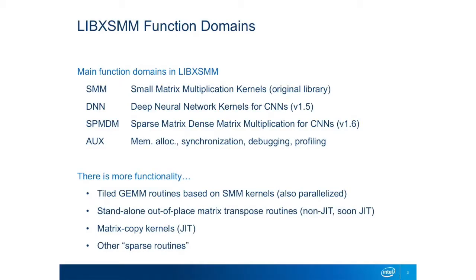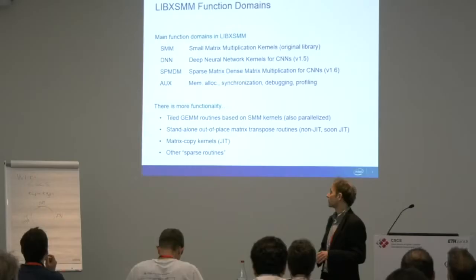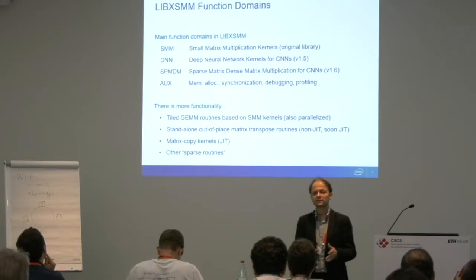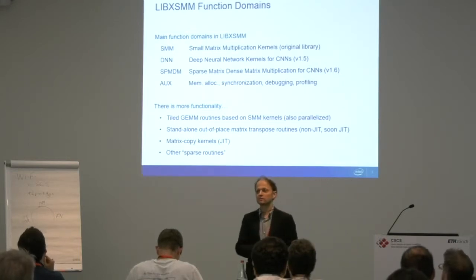As I said earlier, we have several domains. I tried to come up with handy shortcuts for these. We have this SMM domain, we have the DNN domain that you now know what it is. We have this SPMDM, which is sparse matrix, dense matrix multiplication. Certainly of interest in the deep learning domain as well, because you can have fully connected things and then still exploit sparsity.